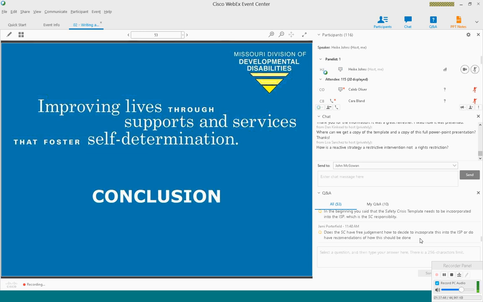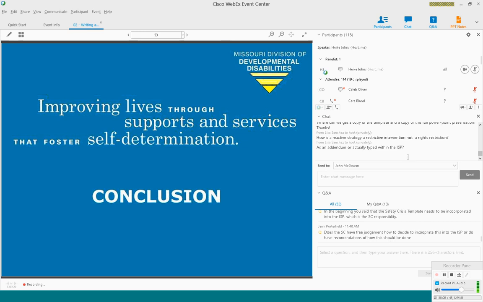It's a good template. I like it. You can use it if you want. It also means that it's not the sole responsibility of the service coordinator to create the safety crisis plan. So it should be a team effort. Everybody comes together, and whatever document gets created by the team should be incorporated in the plan.